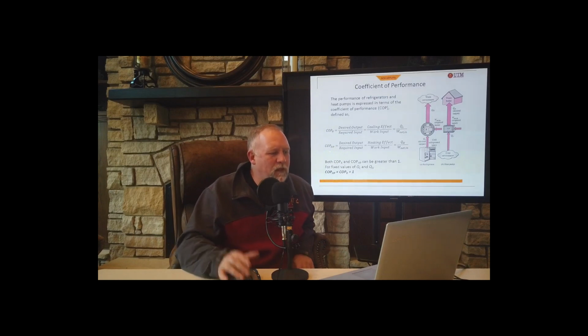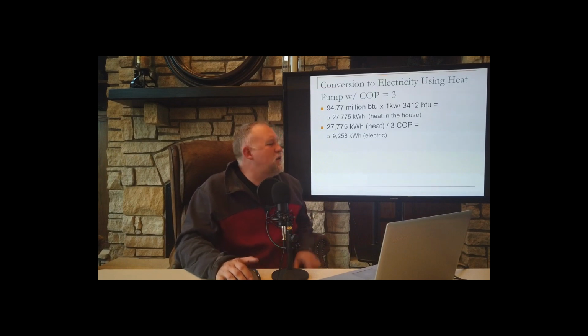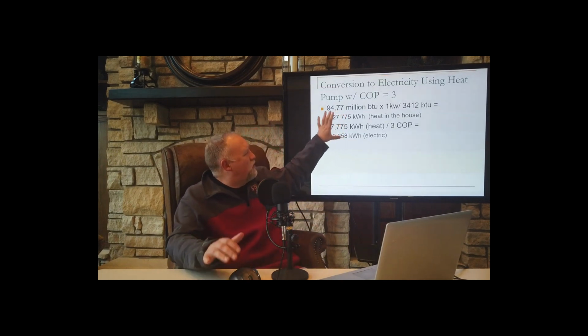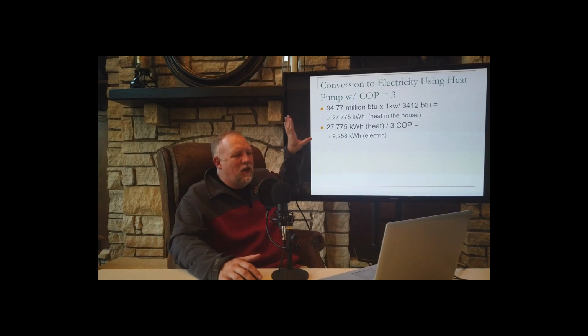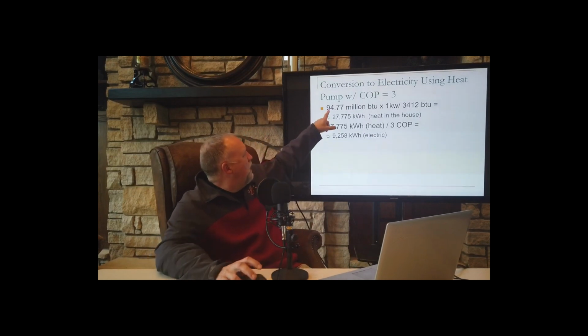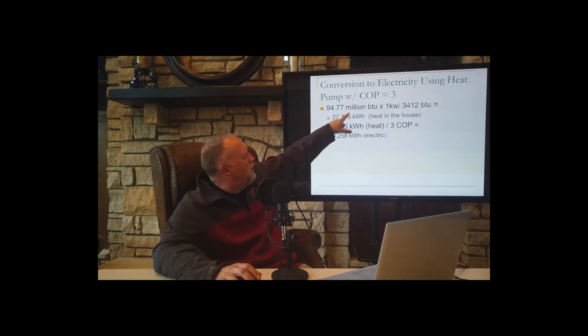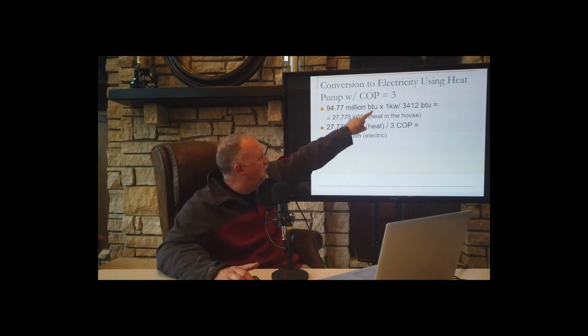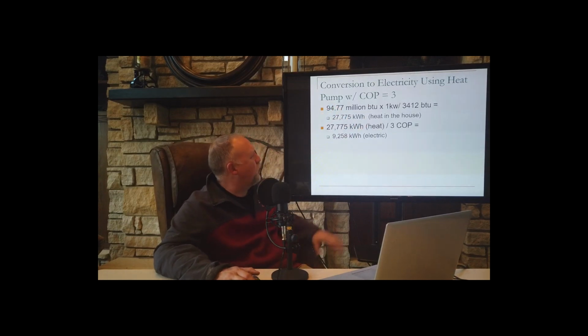So with that in mind, let's try to answer the question: what would this same amount of heat cost us? Well, to get 94.77 million BTUs, first I have to convert this type of energy in British thermal units into kilowatt hours.